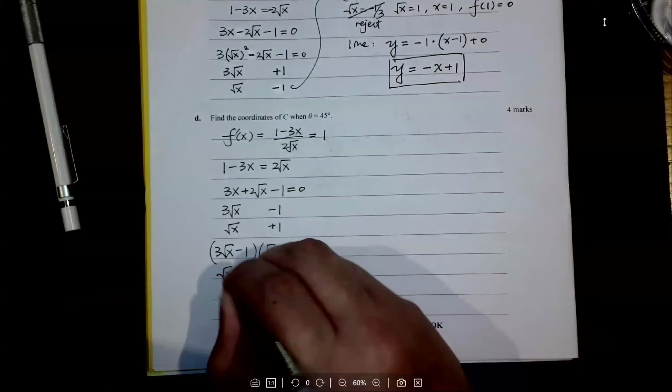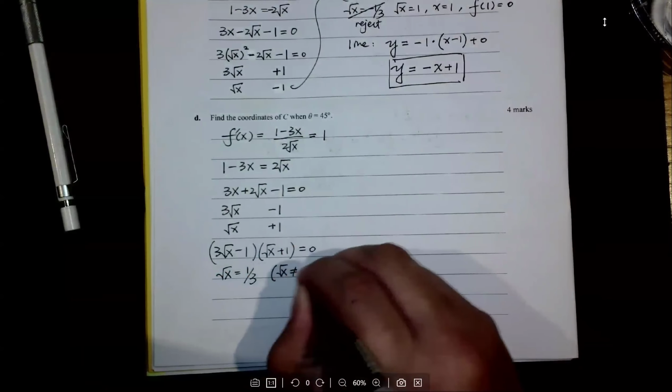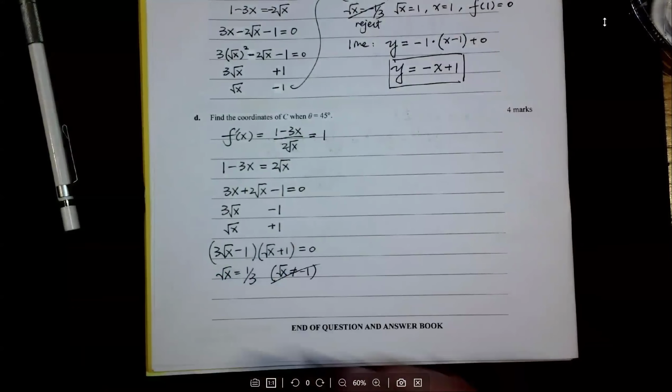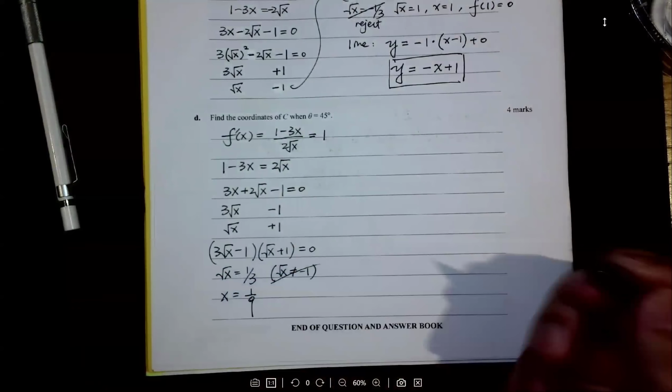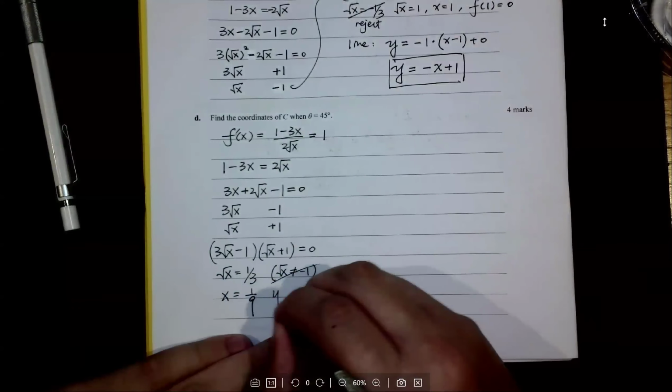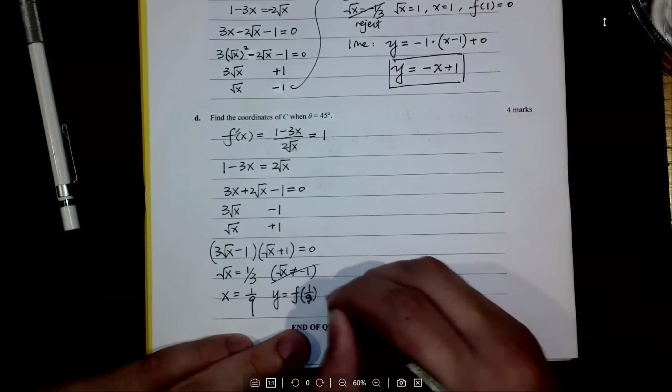So root x equals to 1/3 only. Root x is not equal to minus 1. Just knock that out. So my x value is 1/9, okay? And the y value is f of 1/9.